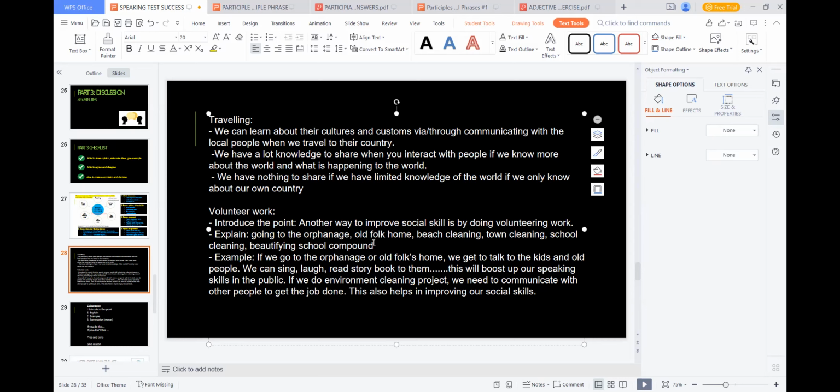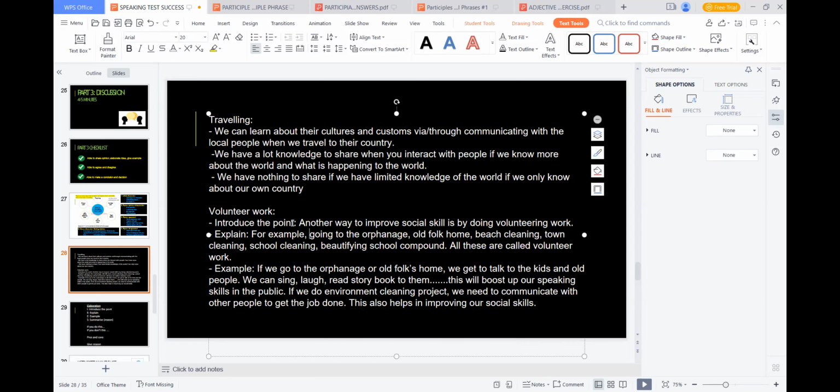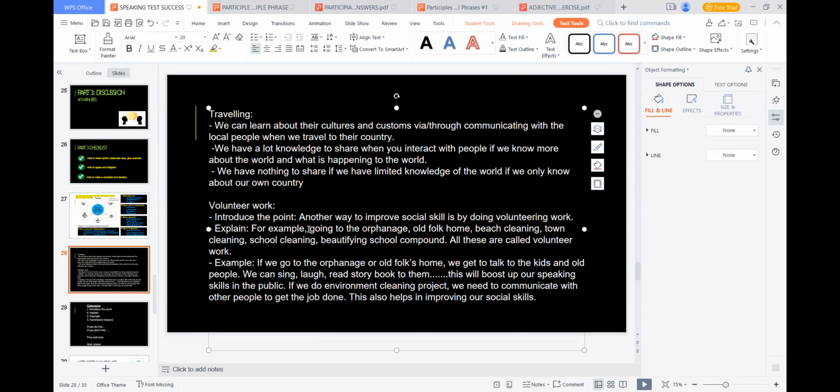I'm not giving the full sentence because you have to think of it. Because you're giving example, then you can use ing. If you do not want to use for example, you want to use we can go, then you can also say we can go in? No. Okay. Try again. Say again.